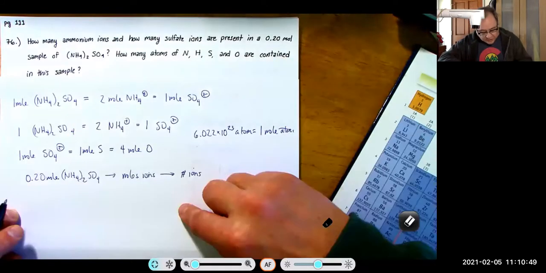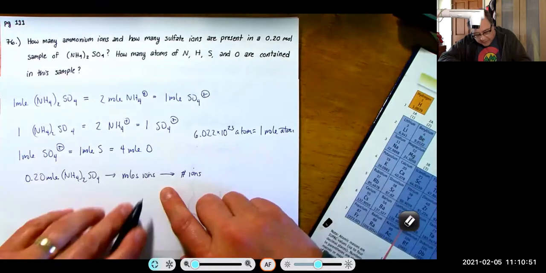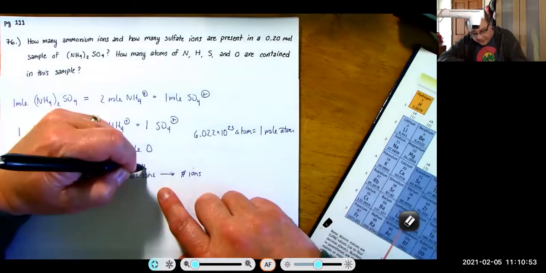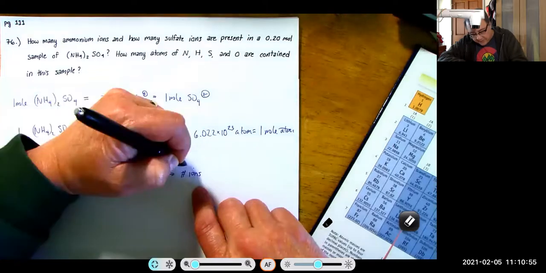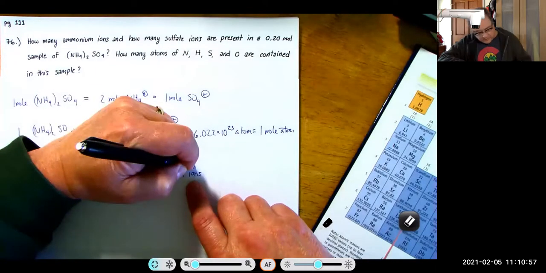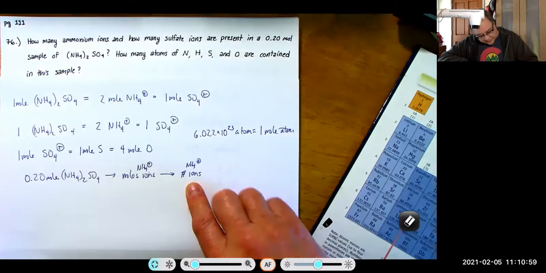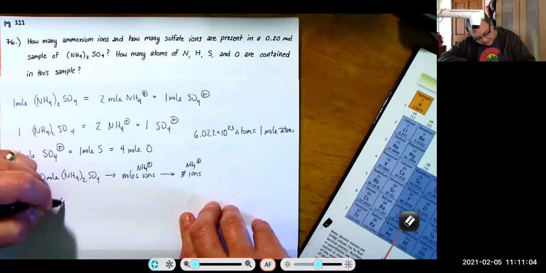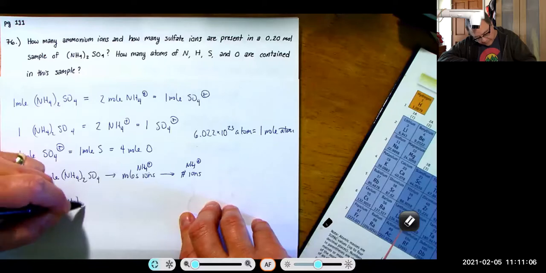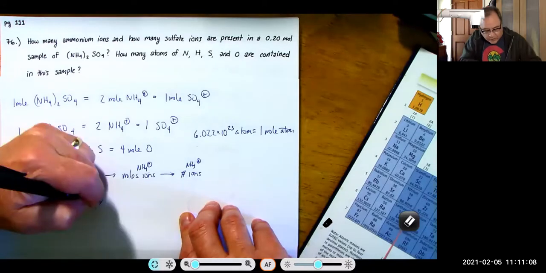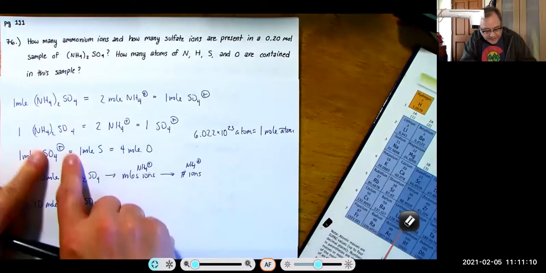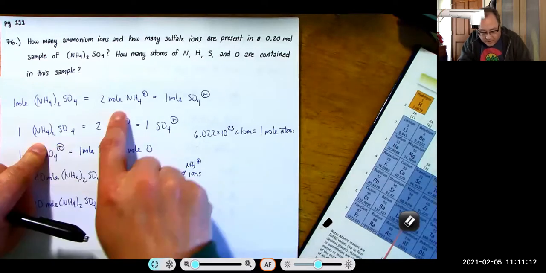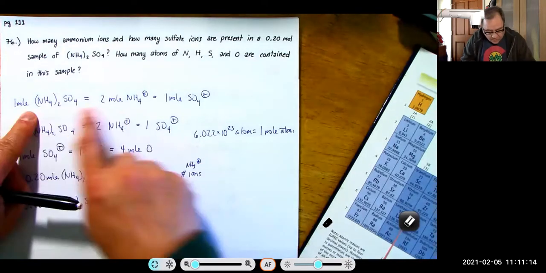Actually, I should say, we're going to turn that into moles of ammonium ions, and then number of ammonium ions. So here's how it looks. If we look at this right here, you can see that I've got 2 moles of ammonium ion to 1 mole of ammonium sulfate.